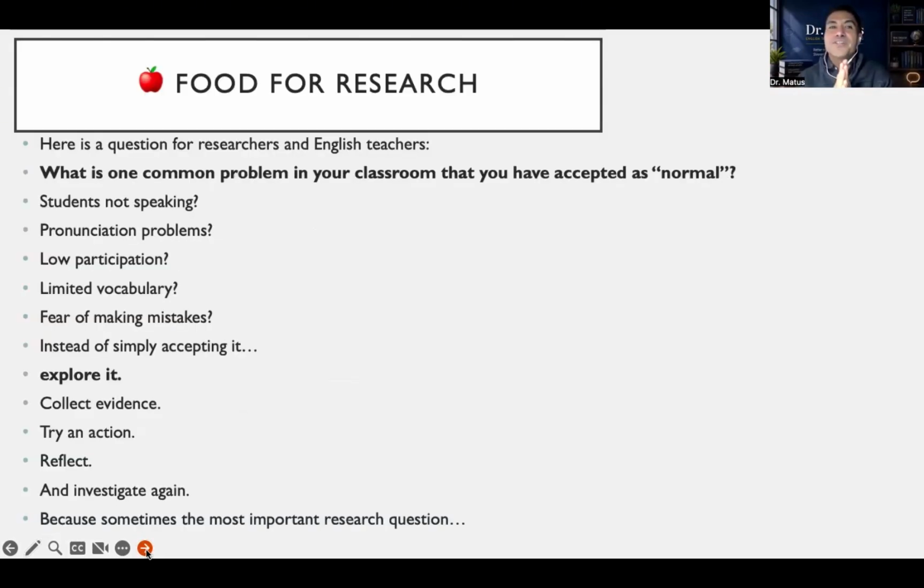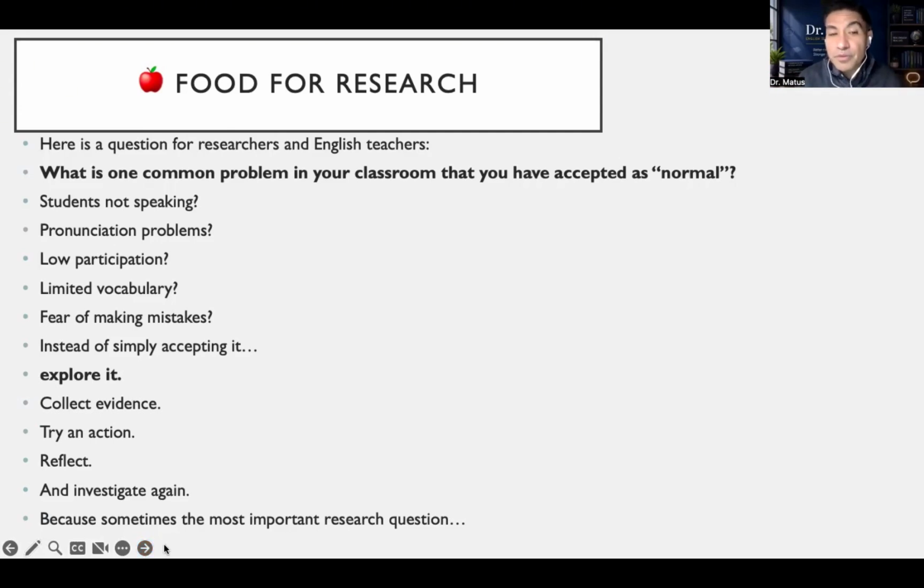Now, food for research. Here is a question for researchers and, of course, English teachers and pre-service English teachers. What is one common problem in your classroom that you have accepted as normal? Students not speaking, pronunciation problems, low participation, limited vocabulary, fear of making mistakes. Instead of simply accepting it, explore it, collect evidence, try an action, reflect, and investigate again.